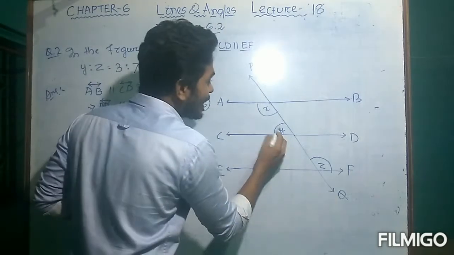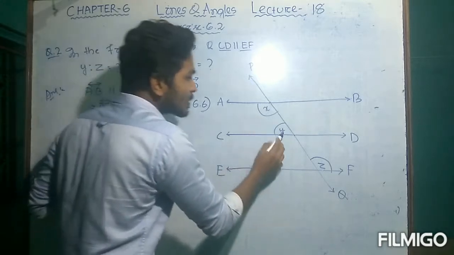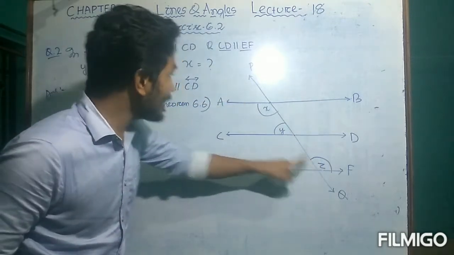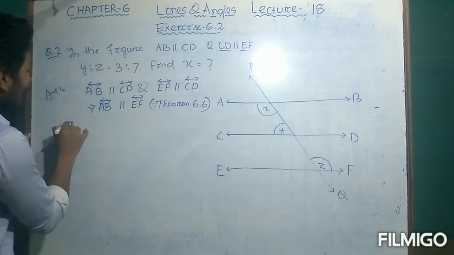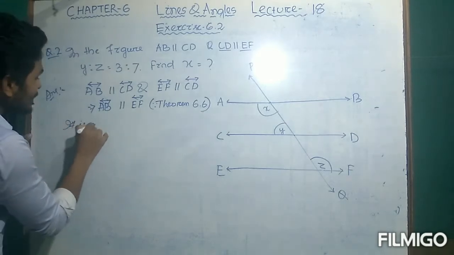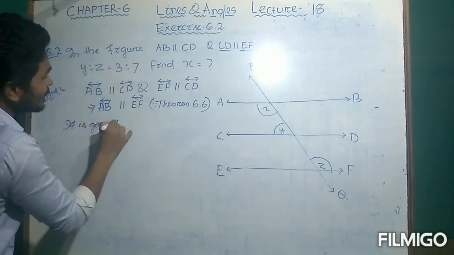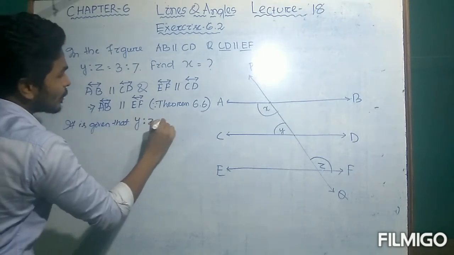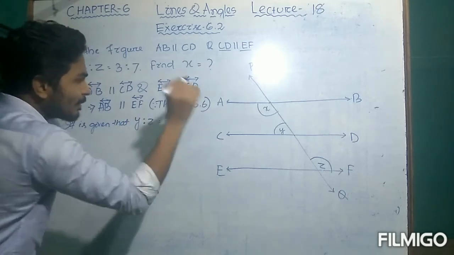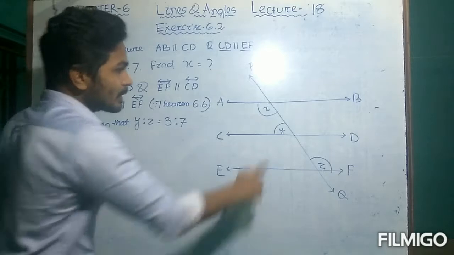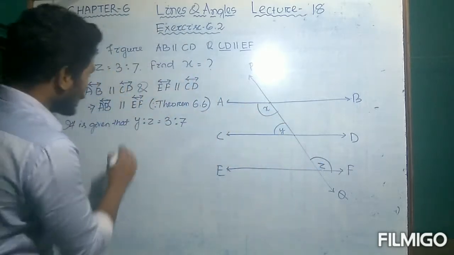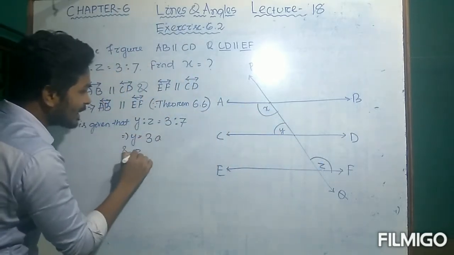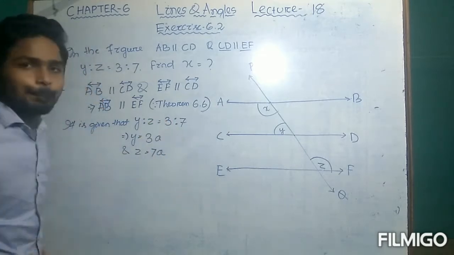Okay. And it is given that y is to z is equal to 3 is to 7. As you can see, there are three unknown variables x, y and z. Out of the three unknown variables, the ratio between y and z is given. So we can write y to be 3a and z to be 7a.